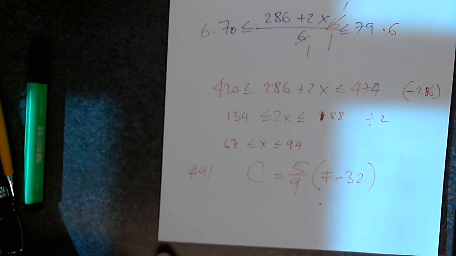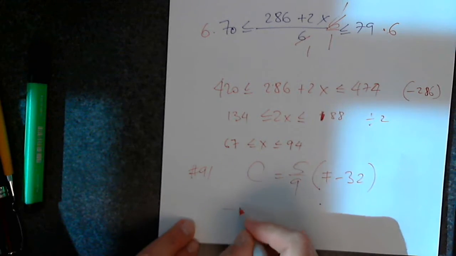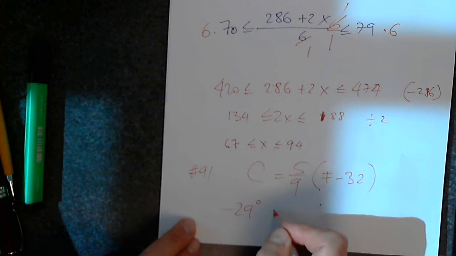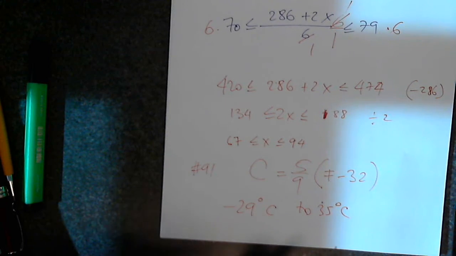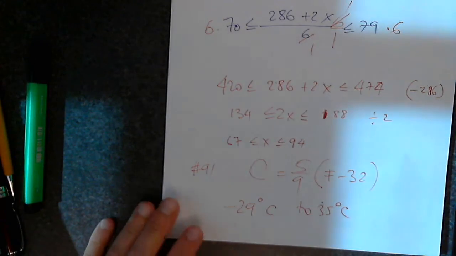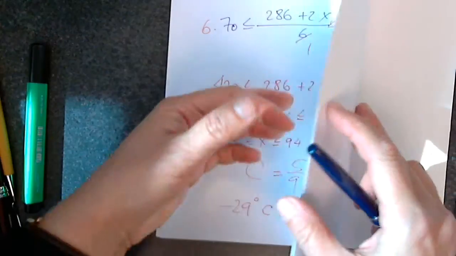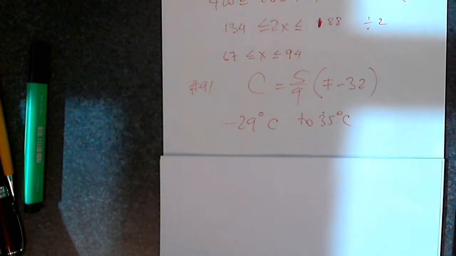So during a recent year, the temperatures in Chicago ranged from -29 degrees Celsius to 35 degrees Celsius. Use a compound inequality to convert these temperatures to Fahrenheit temperatures. So I'm told that the temperature in Chicago fluctuated between -29 degrees Celsius and 35 degrees Celsius.